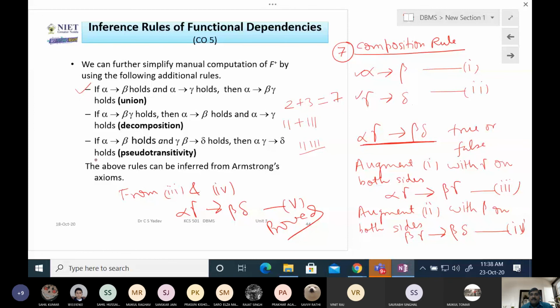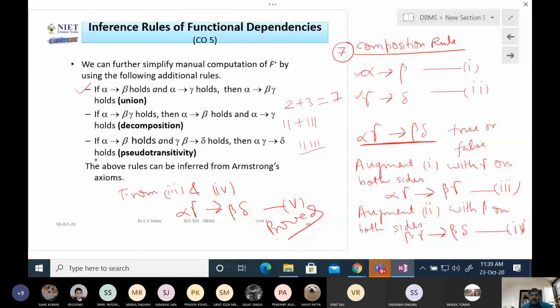Then find out the closure set of an attribute set, and then the algorithm for that process through which we find the closure set of a given attribute set.